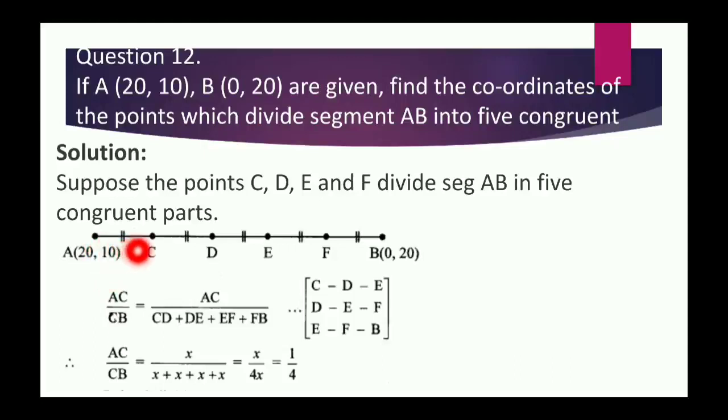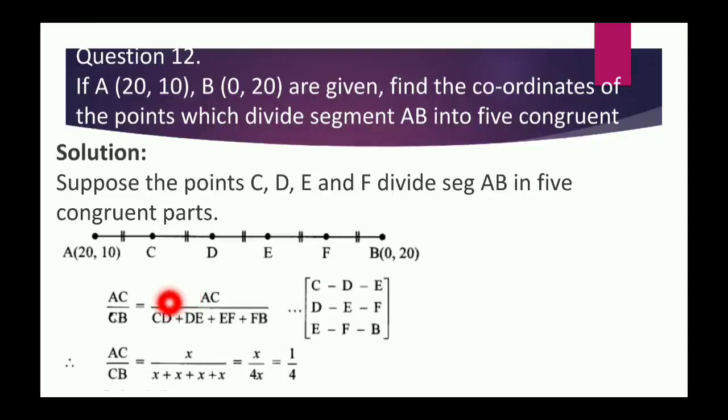So AC upon CB is equal to AC upon CD plus DE plus EF plus FB. This is possible because all are collinear. So we are considering each equal segment as x.